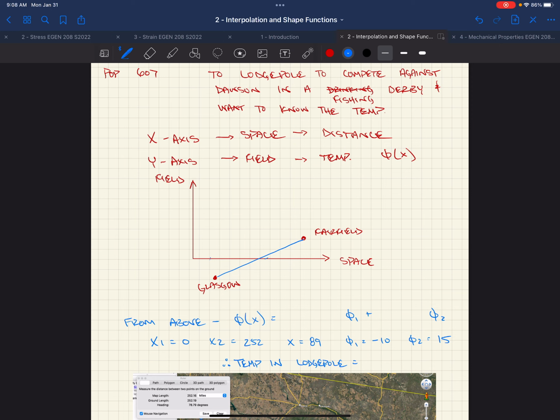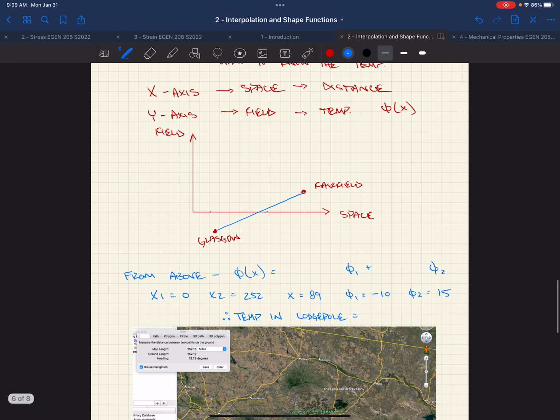Like we did above, we have a 2 degree of freedom element. We've got 1 degree of freedom at Glasgow, the temperature, and we have 1 degree of freedom at Fairfield, which is the temperature. And then we have this spatial variable. And so if we have those, we could go up above and steal our shape functions that we derived.